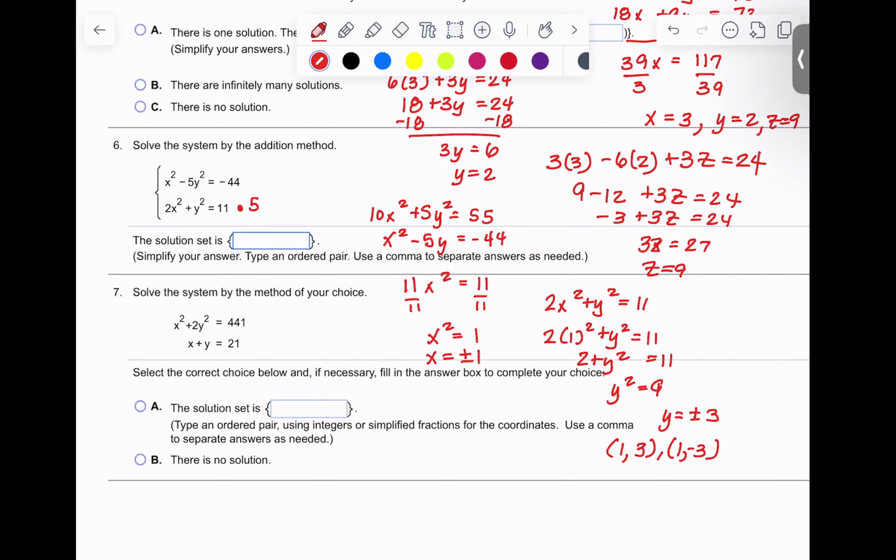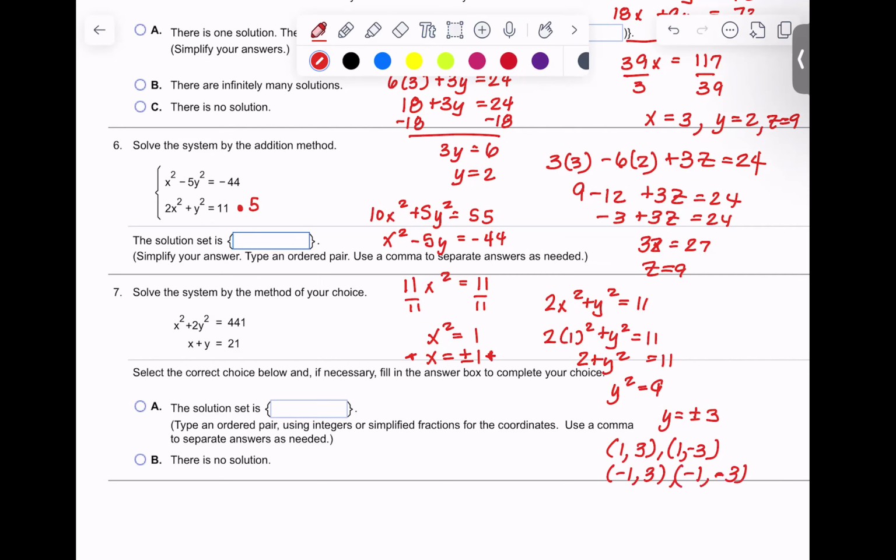Now, if I plug in negative 1 for x, I'm going to get the same two y's, because when I square it, it's going to become positive 1. So I'm going to get two ordered pairs where x is negative 1 and y is 3 and y is negative 3. So we have negative 1, 3, and negative 1, negative 3.